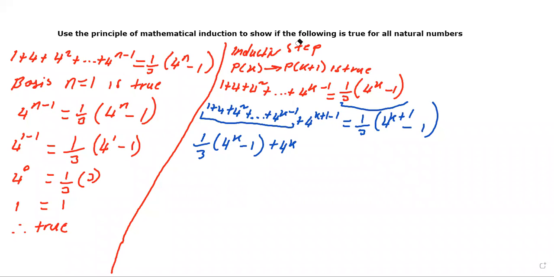Good. Then we're going to continue. So that's going to be equal to 1 over 3 into 4 to the k plus 1 minus 1.